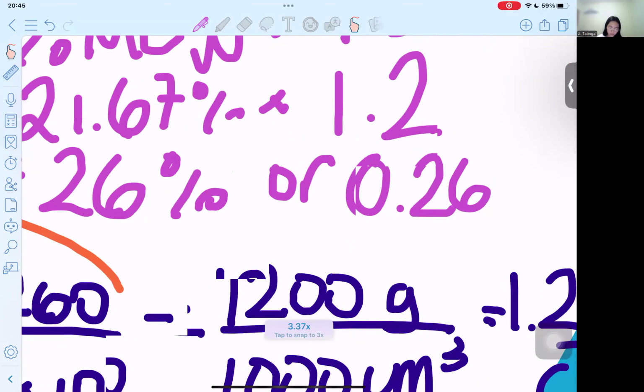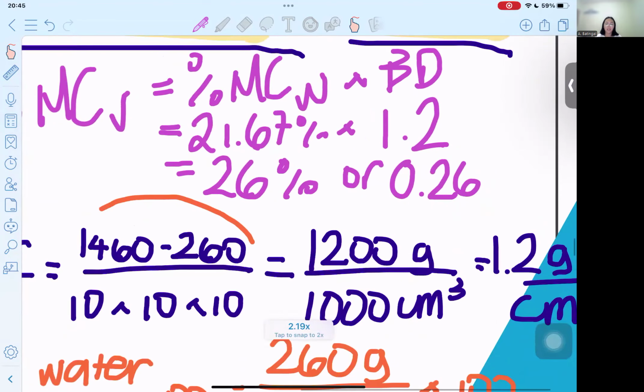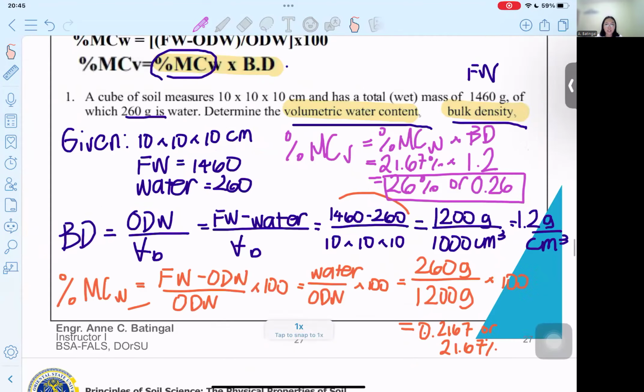So, mao ni ang final answer sa inyong volumetric water content. So, ang meaning niini, ang amount of water present in the soil is 26% by volume.